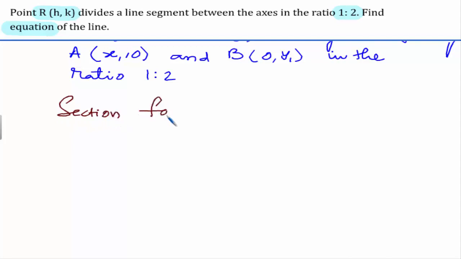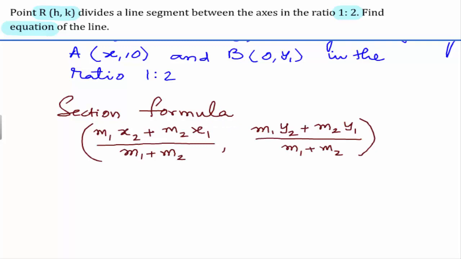So the section formula is m1 x2 plus m2 x1 by m1 plus m2 and m1 y2 plus m2 y1 by m1 plus m2.